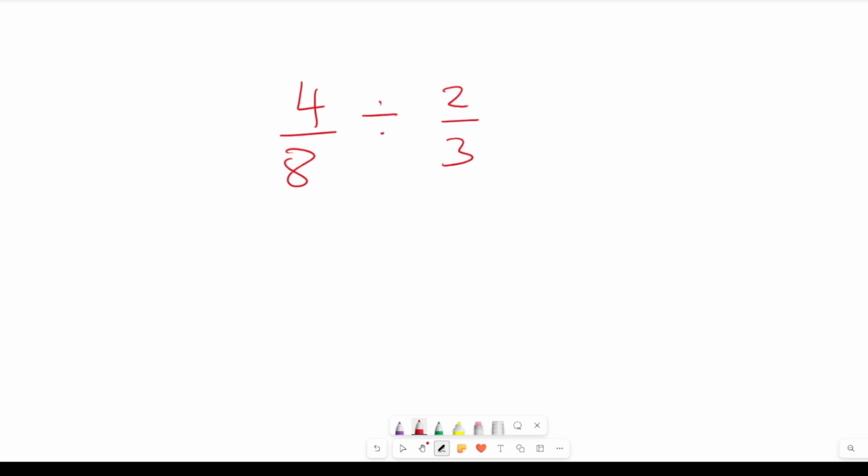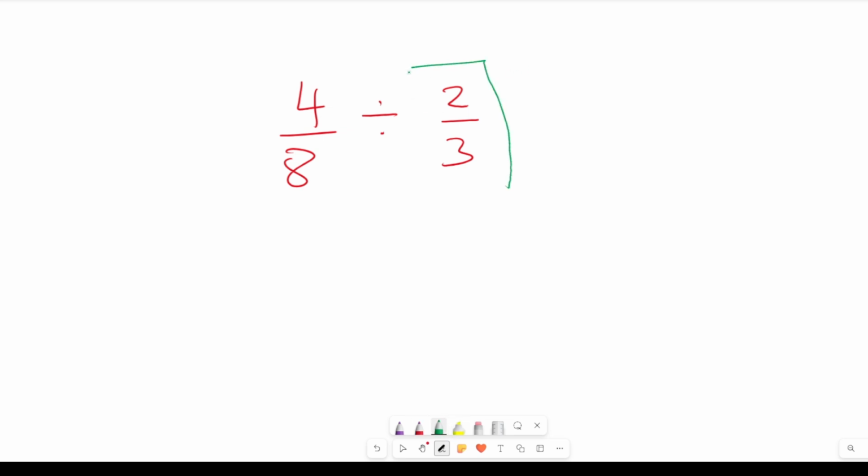Dividing fractions is not easy. You can try to do it manually and it can be very difficult. So what can we do? We can change the division of fractions to multiplication of fractions. And the thing that we do is simple.